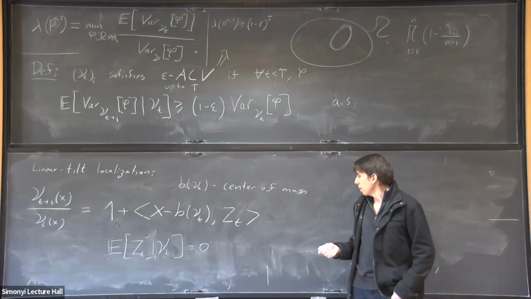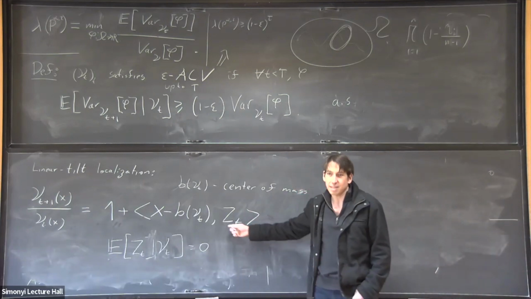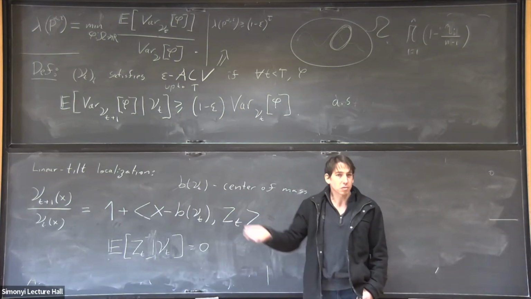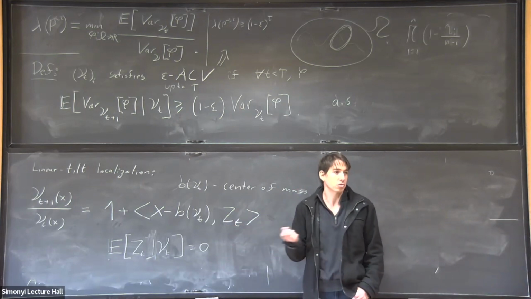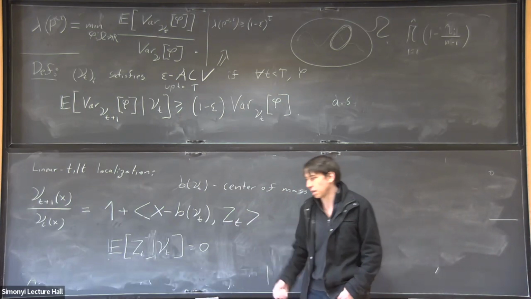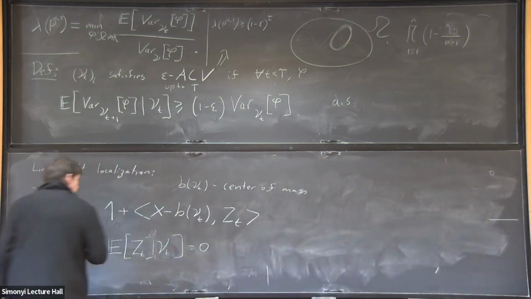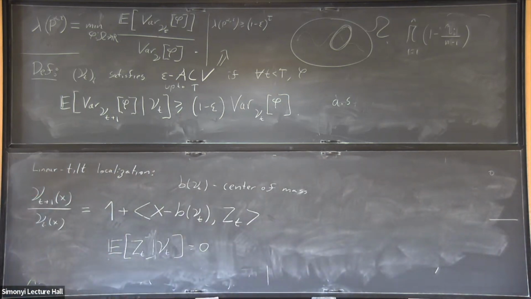But also I could take zt to be the increment of a Brownian motion, which gives what's now called stochastic localization. So it's kind of an infinitesimal linear tilt update.